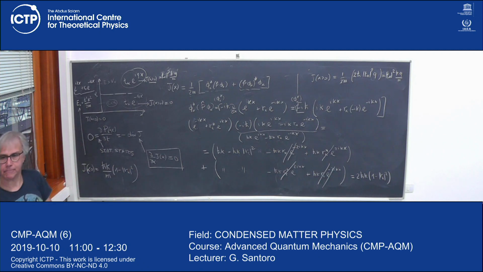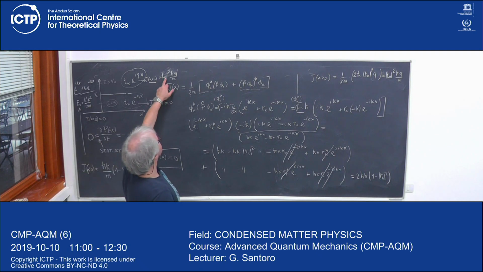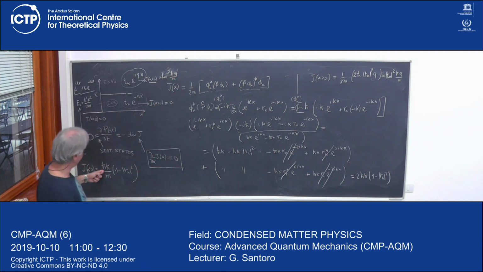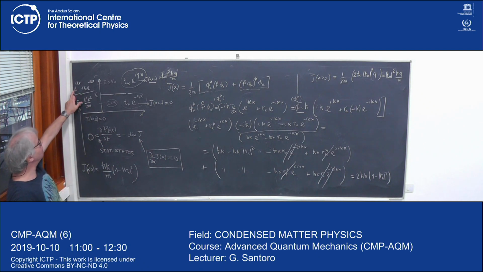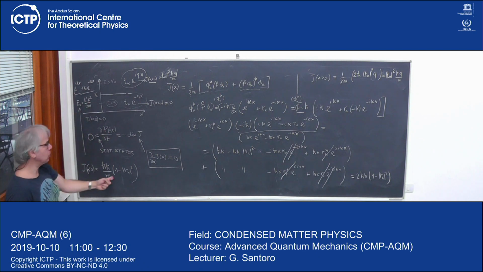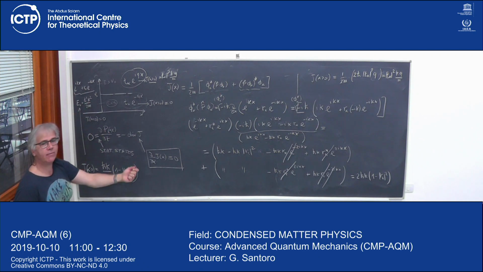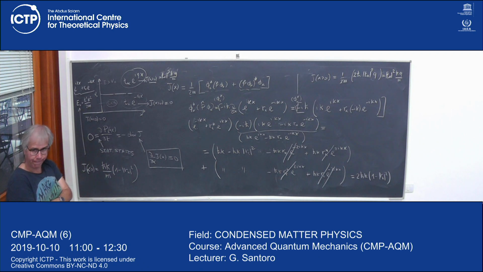Is it clear? Pretty similar to this. H bar times the momentum of the wave, but there are two waves, one with coefficient 1, one with coefficient rk that goes back, and so you have 1 minus the reflection coefficient squared.